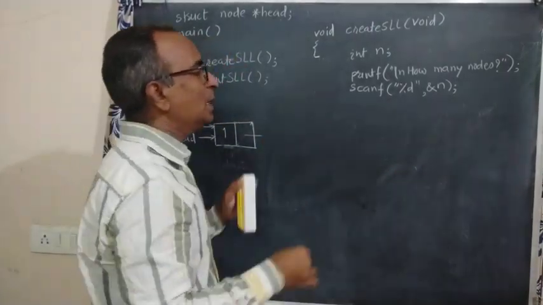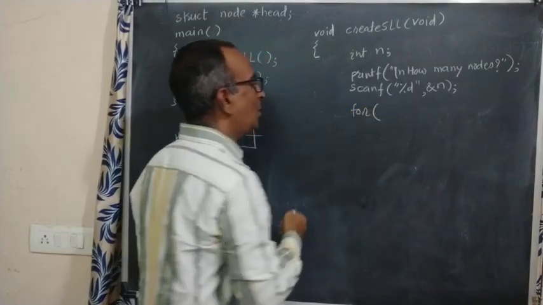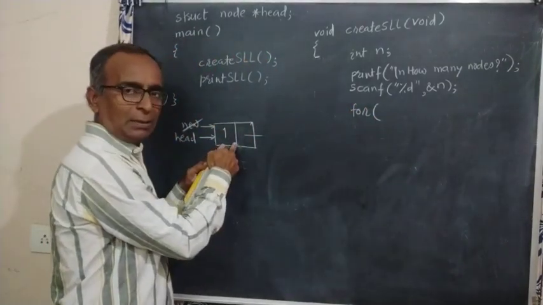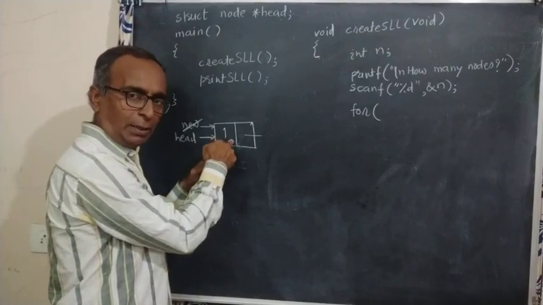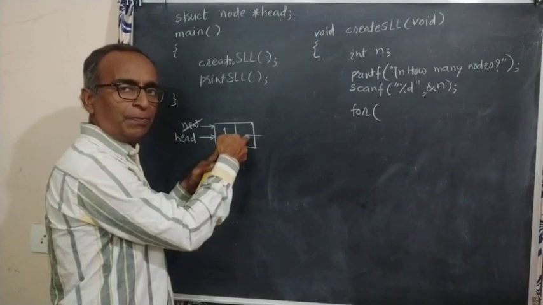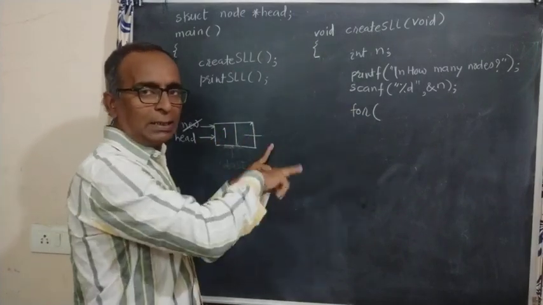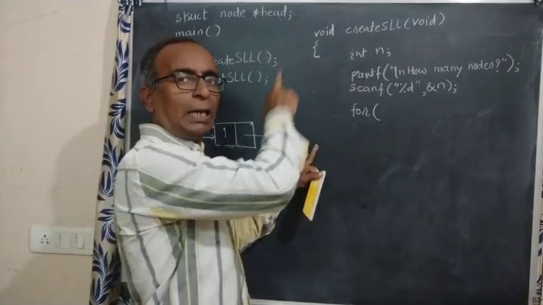Now something I am doing for n times. I am creating linked list node, I am creating new node, I am setting this link fields, I am attaching that, and again I am creating new node, attaching that.